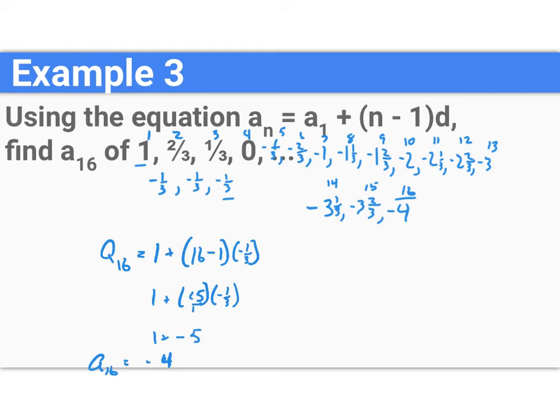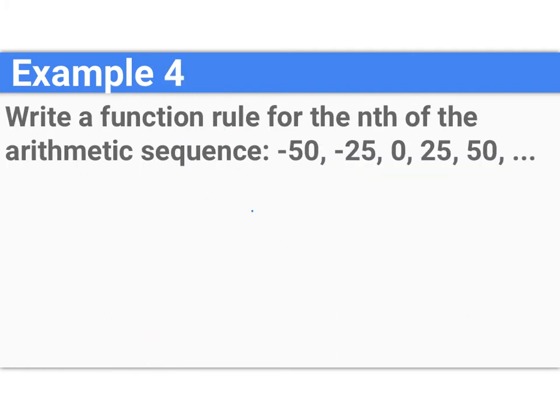You can use the equation, or you could go ahead and subtract or add your common difference, whatever that happens to be. So there's more than one way to solve a math problem. Okay, write a function rule for the nth term of the arithmetic sequence. So what are we doing here? We're adding 25.